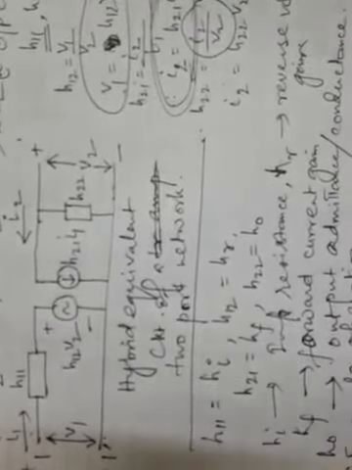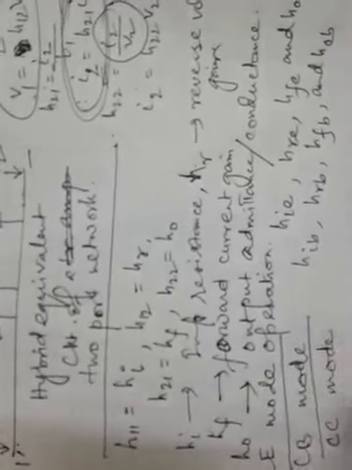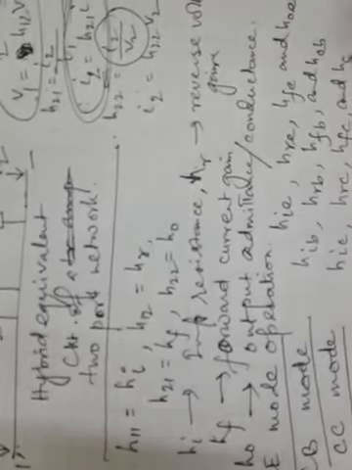If it is CB mode, then this should be written as HIB, HRB, HFB and HOB. And for common collector or CC mode, they should be written as HIC, HRC, HFC and HOC.